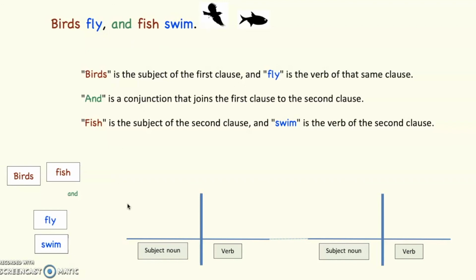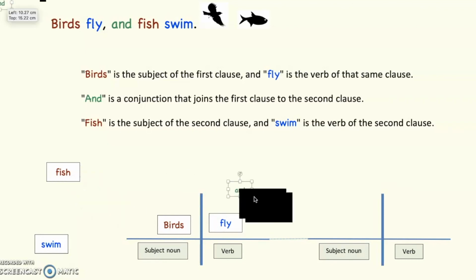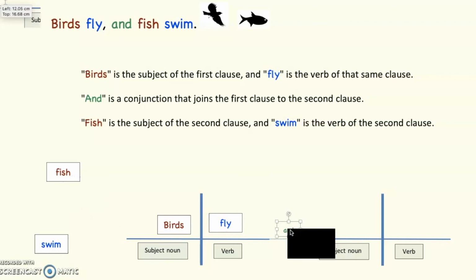So when we want to diagram this sentence, we would put the birds with fly. That's this first clause. It has the dividing line here. And then we would put the and in between. It's the conjunction that connects this clause with this clause.